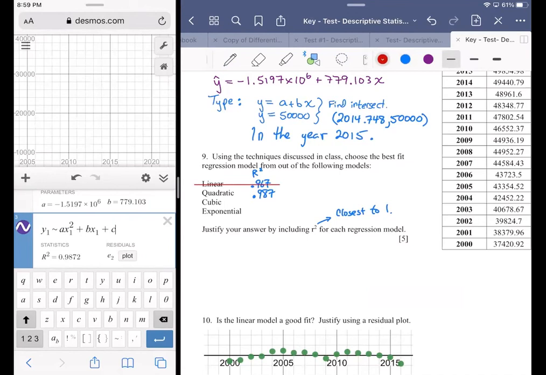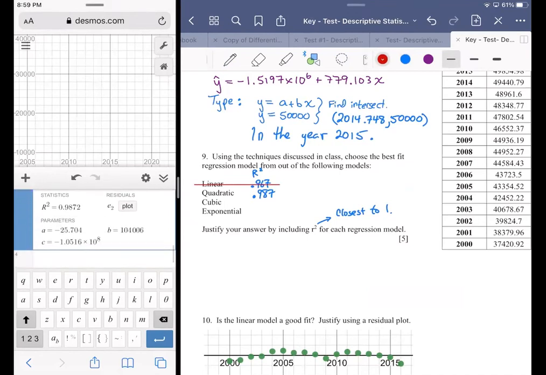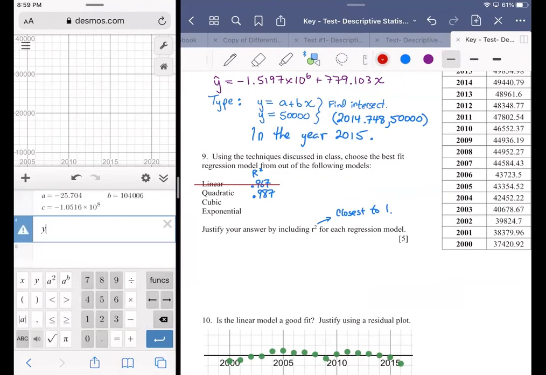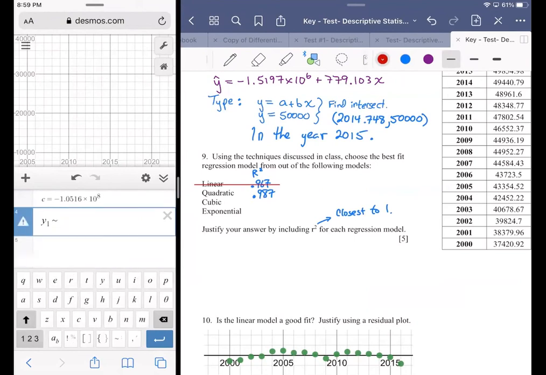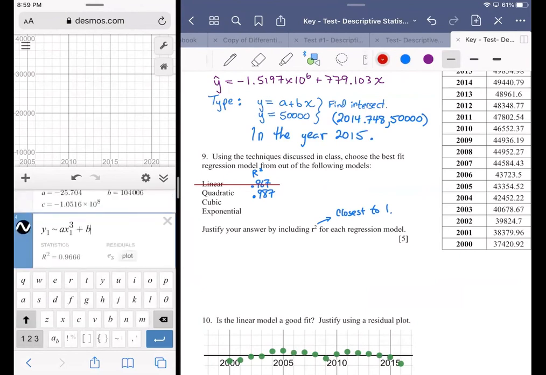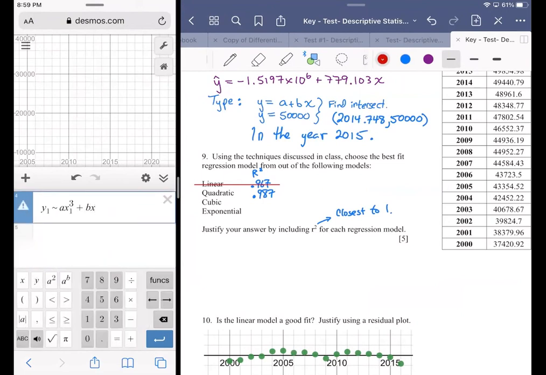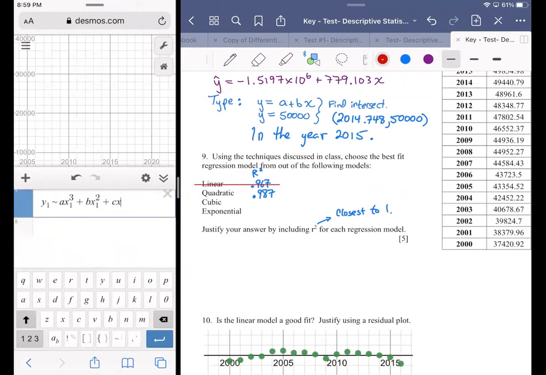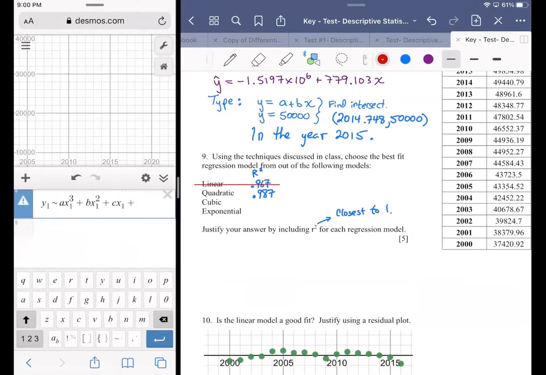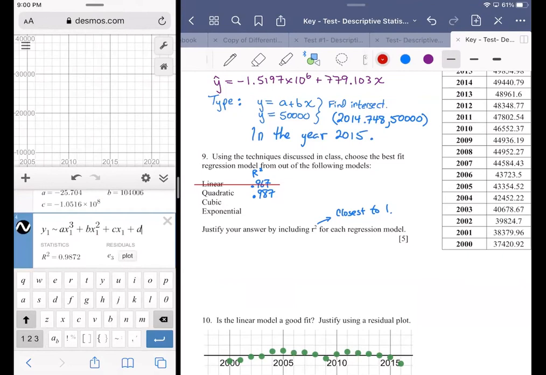So next up on the list would be the cubic. So Y1 tilde AX1, now it's cubed, plus BX1 squared plus CX1 plus D. All right, and again, I'm going to share all these Desmos calculators with you.